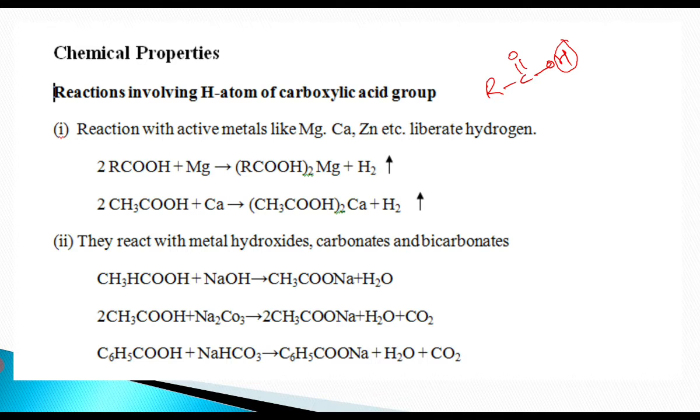when they react with metals, hydrogen is liberated and the place of the hydrogen is substituted by the metal. So, for example, if you take two molecules of RCOOH, when they react with magnesium metal, this hydrogen is replaced by magnesium, that is (RCOO)2Mg is obtained, and hydrogen gas is liberated here.